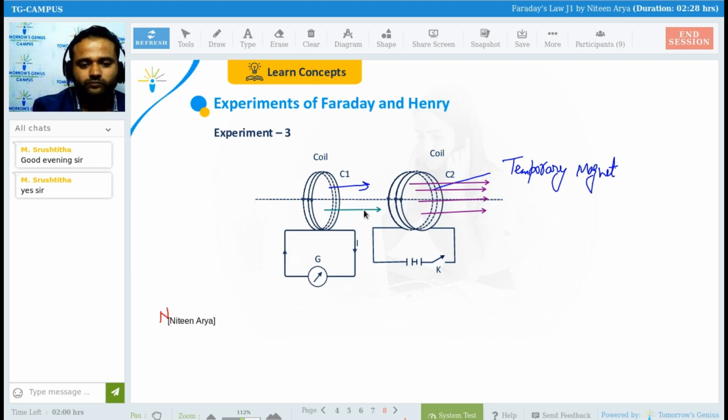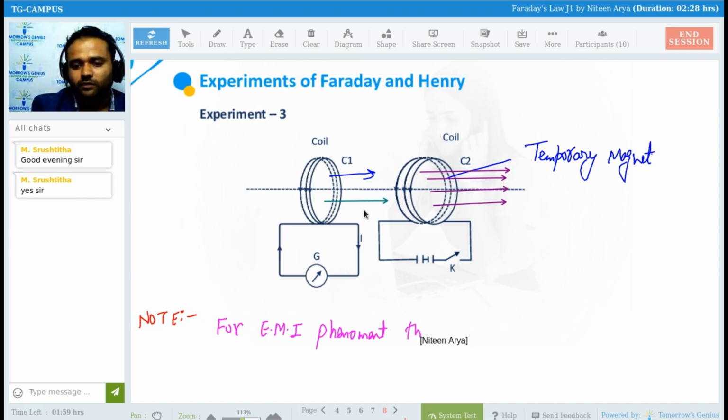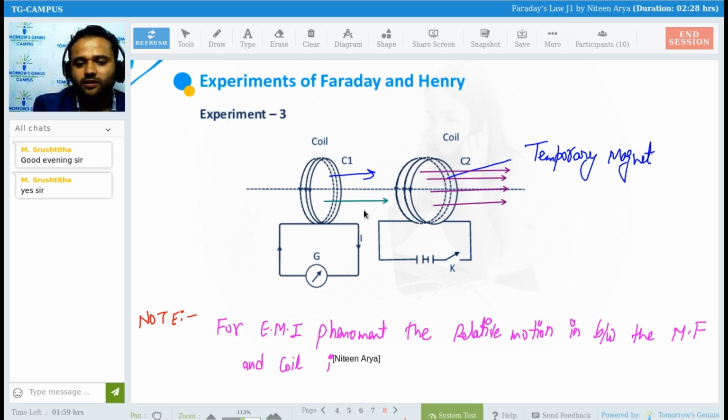So you can write as a note: for EMI, electromagnetic induction, the relative motion between the magnetic field and the coil is necessary.